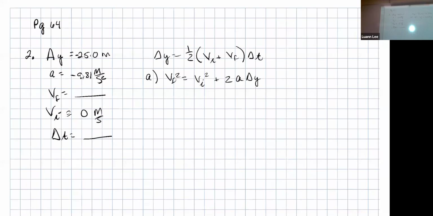I didn't have to rearrange anything to find final velocity. You take the square root of both sides. So the VF squared just becomes VF. And then you need the square root of that whole side. And you don't even have to rearrange that because you're looking for VF. So that should work, right?